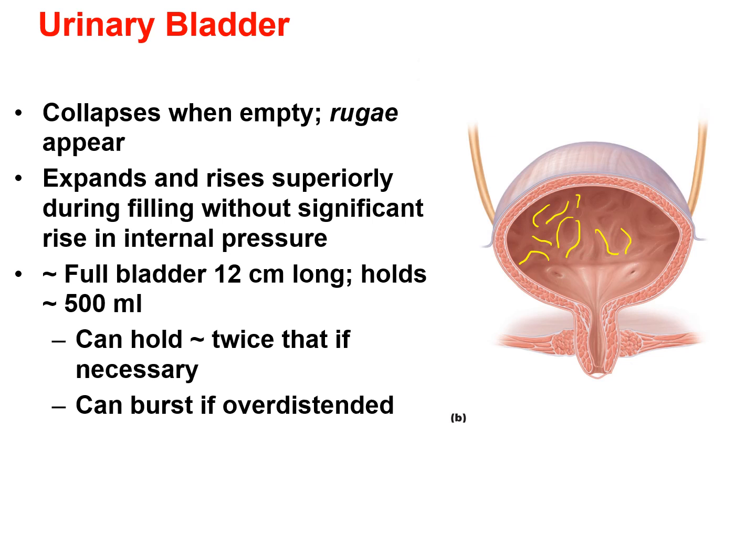When you have the bladder filling and expanding, it can actually rise superiorly in a pretty significant fashion. And this is going to allow for the bladder to expand, but then not have a significant rise in the internal pressure. If you have the container expanding and becoming larger, you're not going to have a buildup of pressure within your bladder. The bladder can expand quite a bit and can hold a pretty large amount of fluid. So a full bladder can be expanded to about 12 centimeters in length, and it can hold about 500 milliliters of fluid.